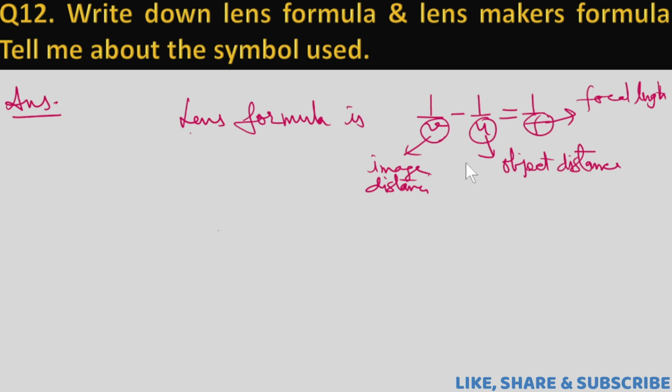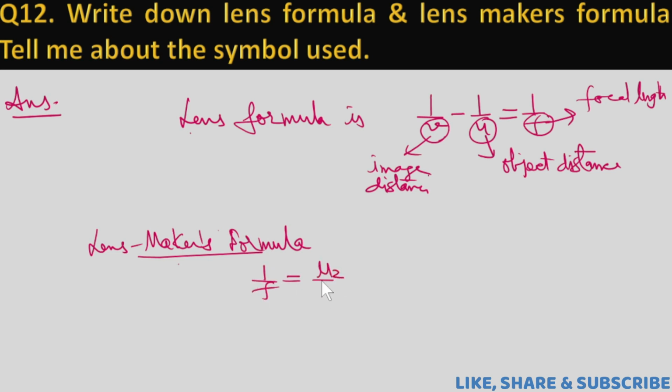You know what is interesting about this formula is that the focal length does not depend upon the geometrical construction of the lens, not the lens maker's formula. It is given by the expression 1 by f is equal to mu2 upon mu1 minus 1, into 1 by R1 minus 1 by R2.